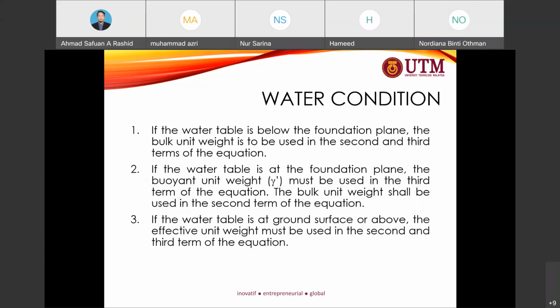If the water table is below the foundation plane, let me draw first. The bulk unit weight is to be used in the second and third terms of the equation.